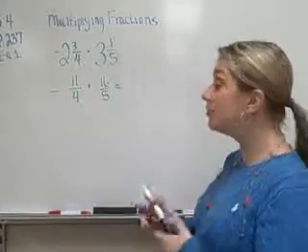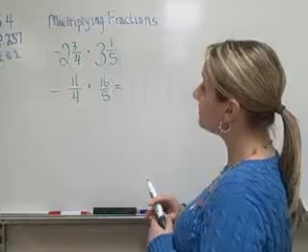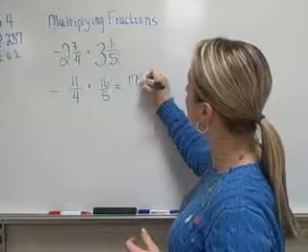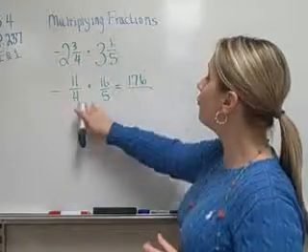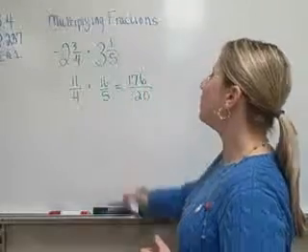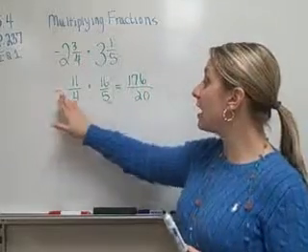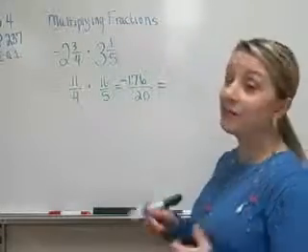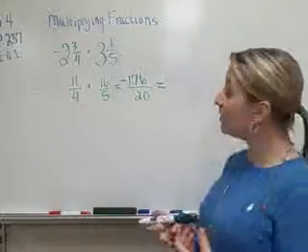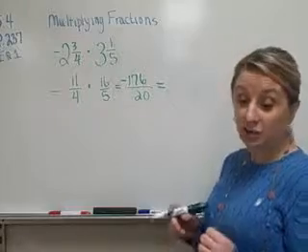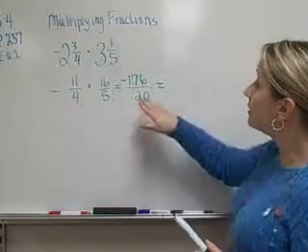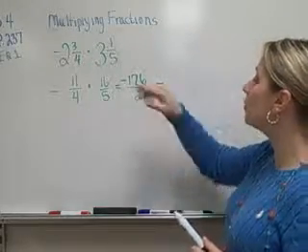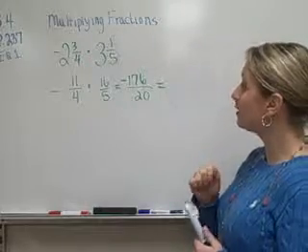And now I'm going to multiply the numerators. 11 times 16 should be 176. 4 times 5 should be 20. My answer is going to be negative because I have a negative times a positive. The signs are different. And now I have an improper fraction. It's top heavy, so I need to change that into a mixed number. How many times can 20 go into 176?